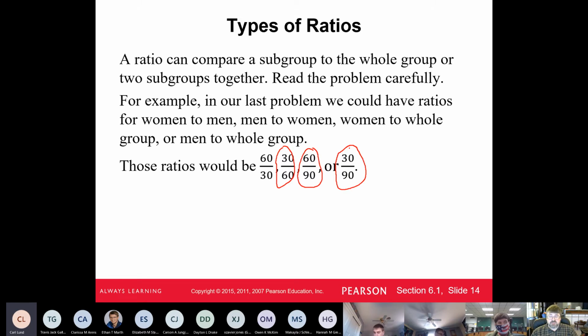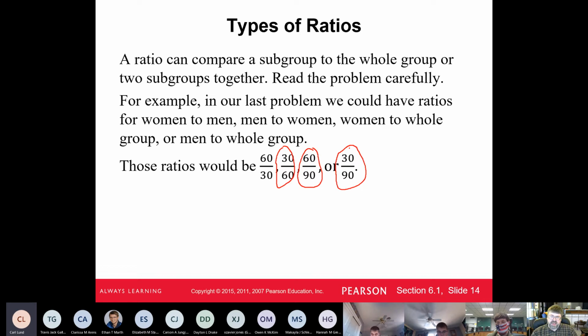And when a problem talks about it, you want to read the problem carefully so you understand, is the problem asking you to compare a subgroup, like men or women, to the whole group? Or is it asking you to compare one subgroup, like men, to another subgroup, like women? Or maybe another situation.